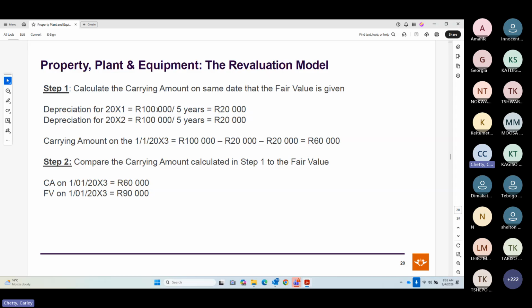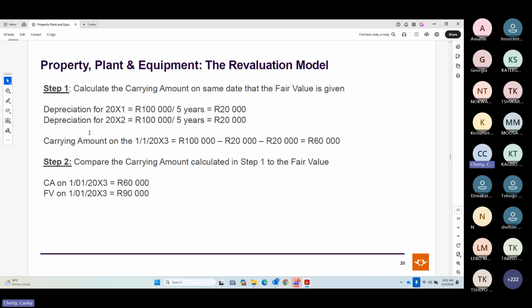So we're going to take 100,000 divided by 5 years, and that is going to give us depreciation of 20,000 for 20x1 and depreciation for 20x2 of 20,000. So remember, the depreciation is straight line, there is no residual value, and the useful life is 5 years.